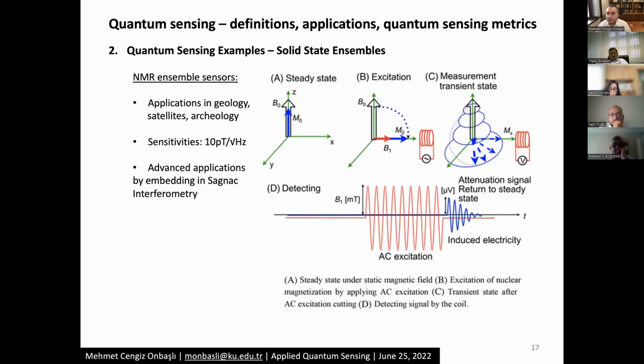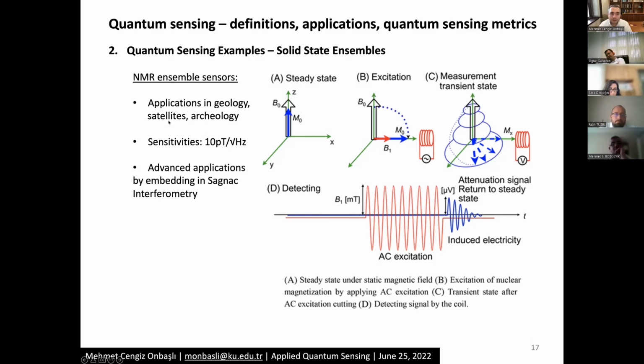Then we let it relax, and the relaxation time and the voltage signal that we pick up help us recover the magnitude of the external magnetic field that we apply. This way, sensitivity as fine as 10 picotesla per square root hertz has been achieved.